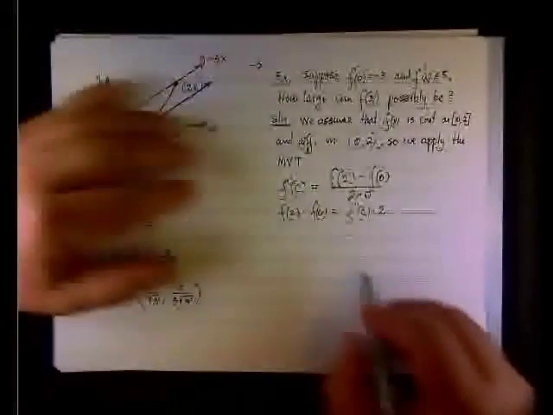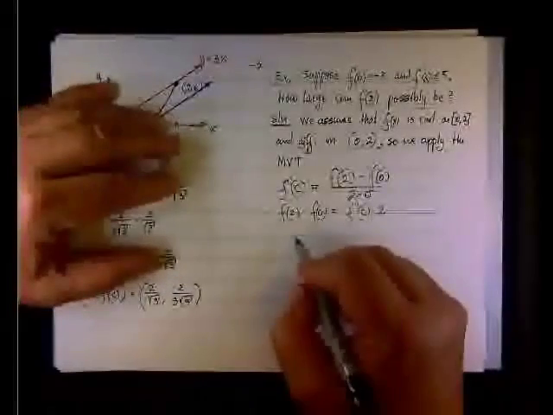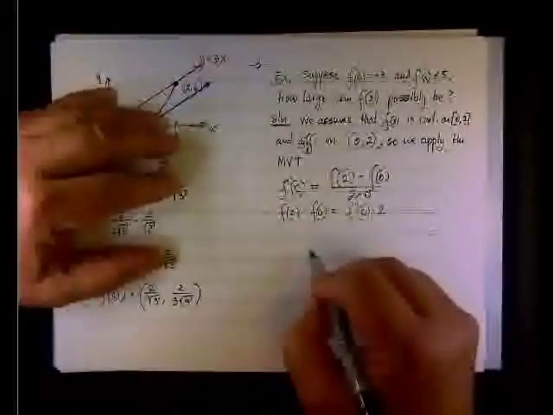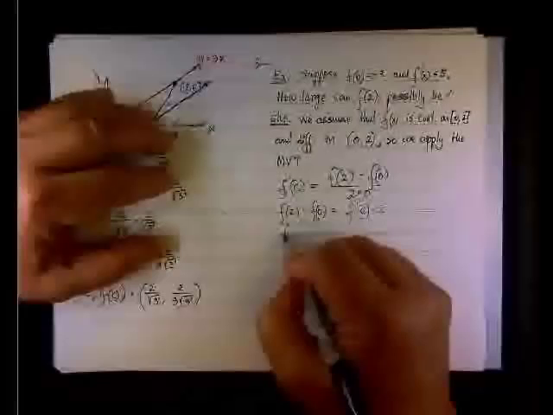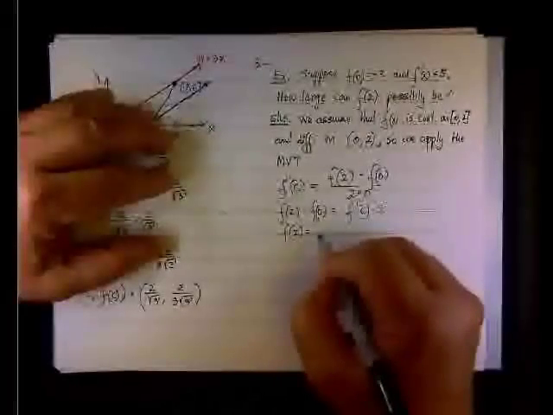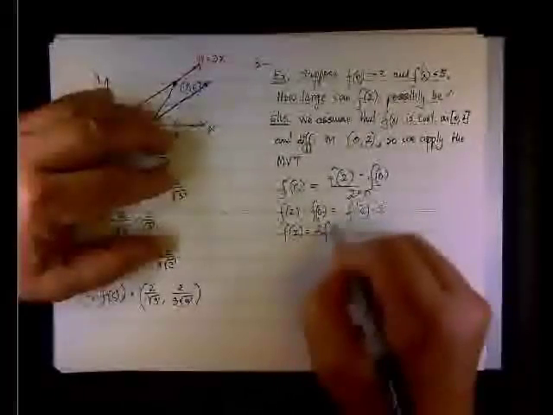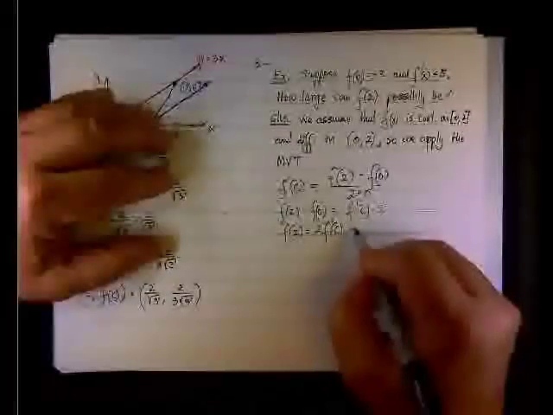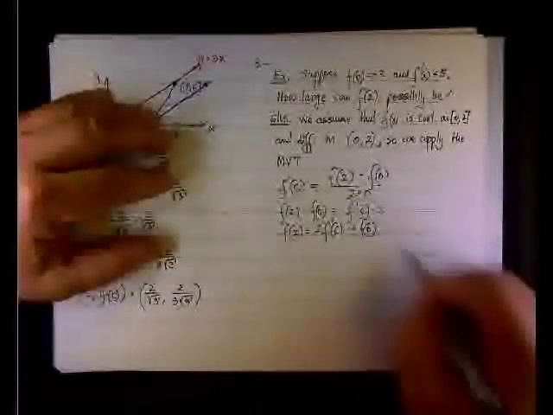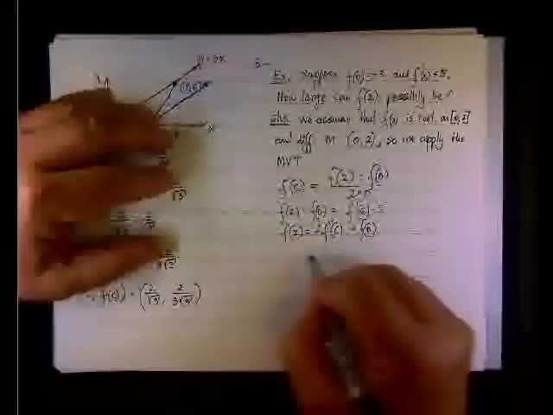And the next step is f of 2 equals 2 times f prime of c plus f of 0. And now we just replace with what we know.